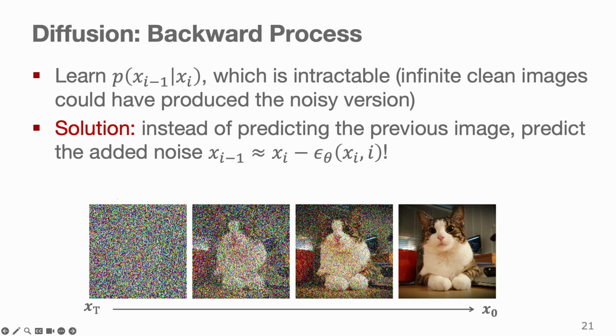And because we know exactly how much noise was added during the forward process, we can train this with a simple MSE loss between the predicted noise and the actual noise. And as aforementioned, each individual denoising step is a small local correction and much easier than having to predict everything in one go.